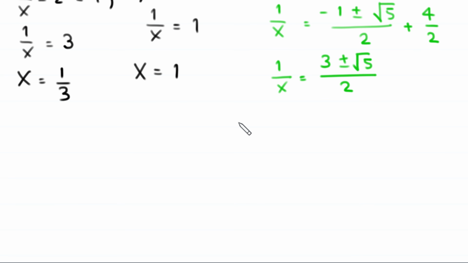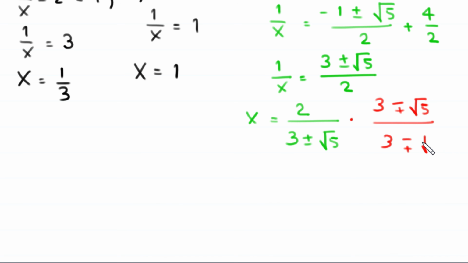If we take a reciprocal on both sides, this implies that x is equal to 2 divided by (3 plus minus root 5). To rationalize the denominator, we multiply and divide by (3 minus plus root 5).